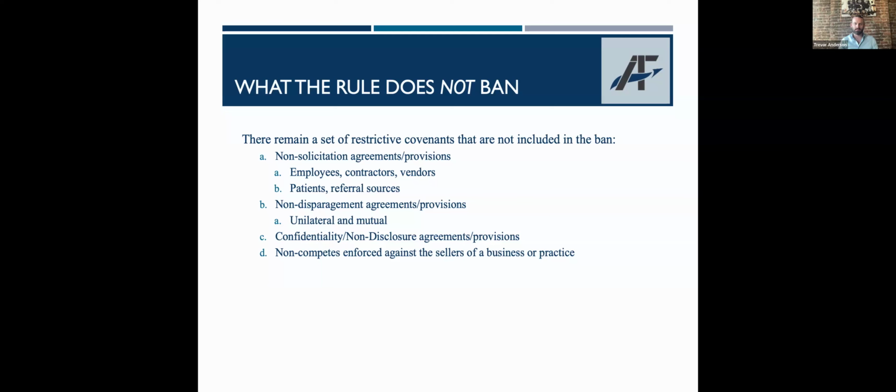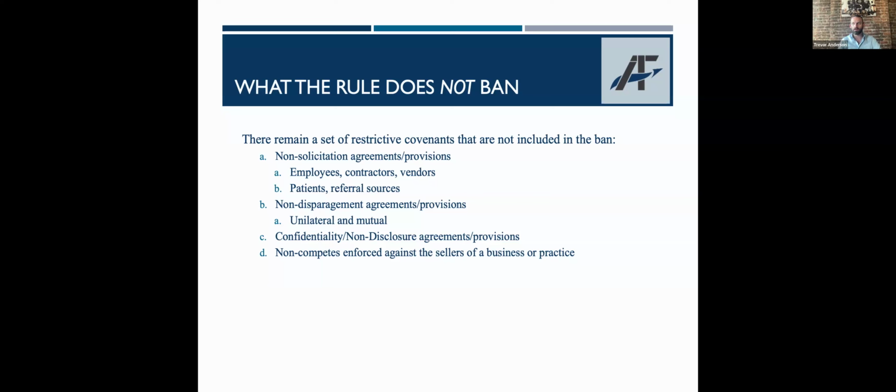Because a common practice is not only the sellers of the practice, but also all of the providers that are employed, whether they're physicians, mid-levels, specialists, whatever it is, all enter into new employment agreements with the buyer that have these non-competes. And so if that's not available, it could have a chilling effect on the multiples that we've been seeing in the industry over the last decade. So that's something to keep in mind.